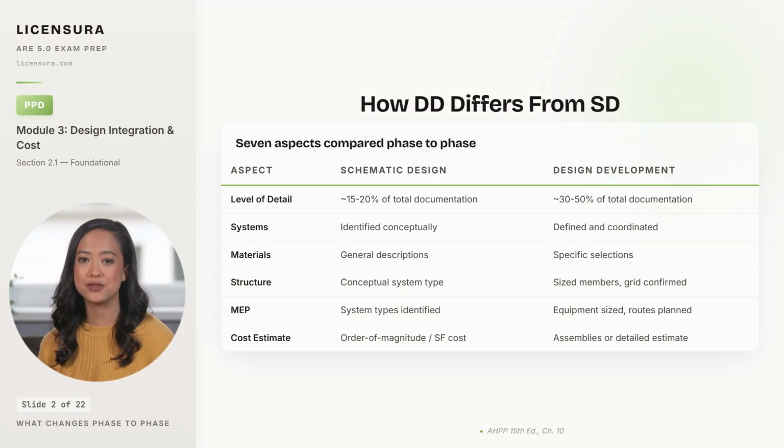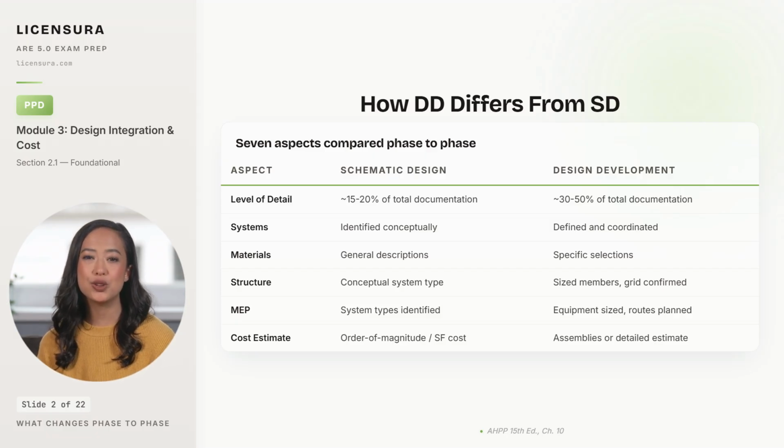Documentation moves from roughly 15 to 20% complete up to 30 to 50% complete, which means the design becomes legible to estimators, engineers, and builders, not just to the designer. Systems move from identified conceptually, we will use variable air volume mechanical and a moment frame structure, to defined and coordinated, with actual routes and actual member sizes that have to fit together.